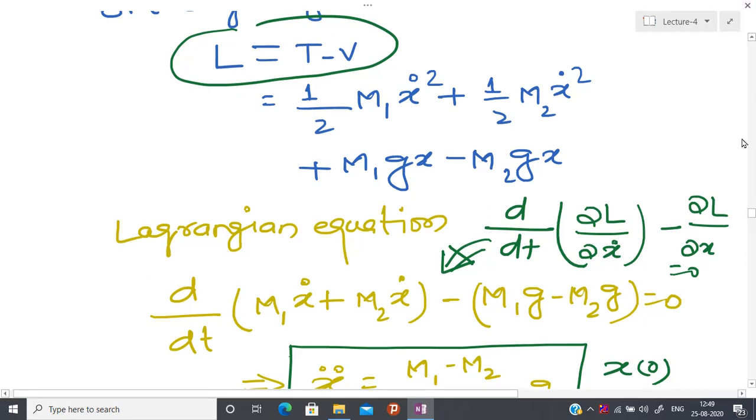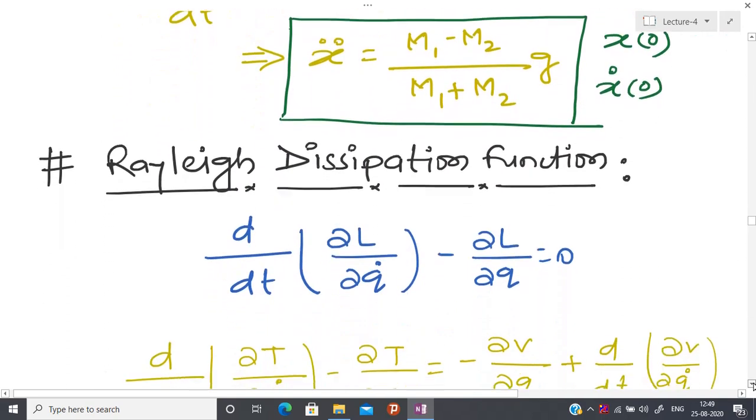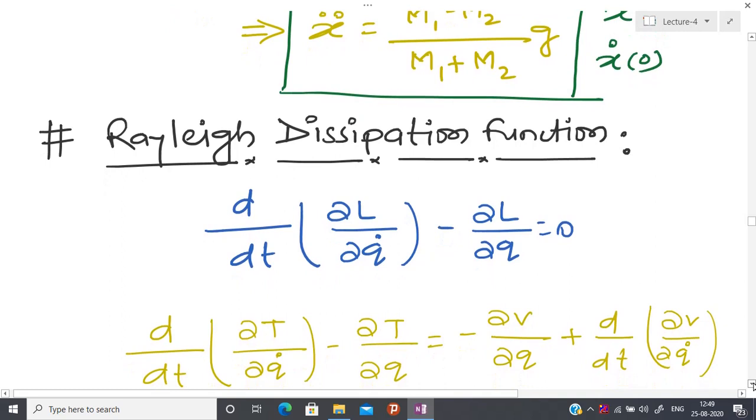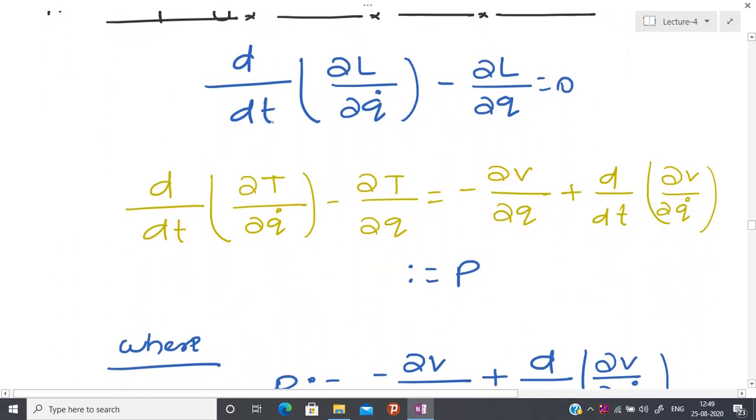Now in this formulation, nowhere are we talking about external force or some kind of force due to friction or some dissipative force, but most of the time these kinds of forces appear in dynamical systems. So we have to consider that also. In order to do that, we just have to rearrange the equation.